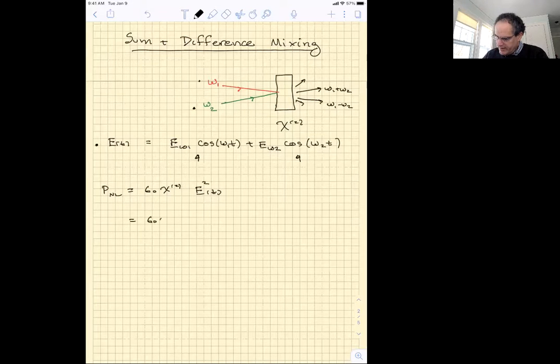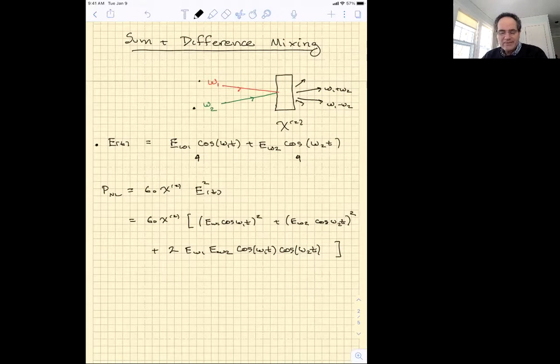We have E0 chi 2 times E omega 1 cosine omega 1 t squared, plus E omega 2 cosine omega 2 t squared, plus the cross terms in the square, which are going to be 2 E omega 1 E omega 2 times cosine omega 1 t times cosine omega 2 t.